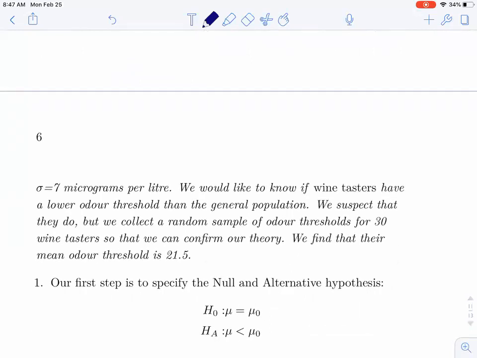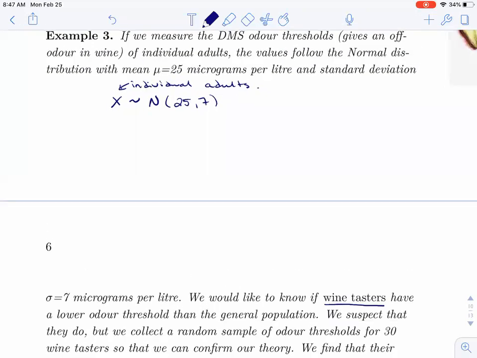We would like to know if wine tasters, presumably they have a more trained nose, have a lower odor threshold than the general population. So here's the general population. So individual adults, I'll put in brackets, general population.